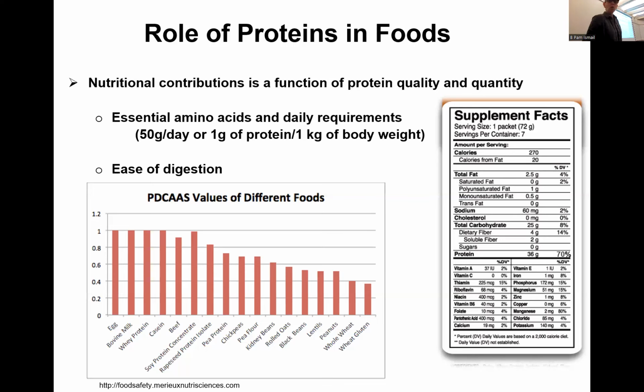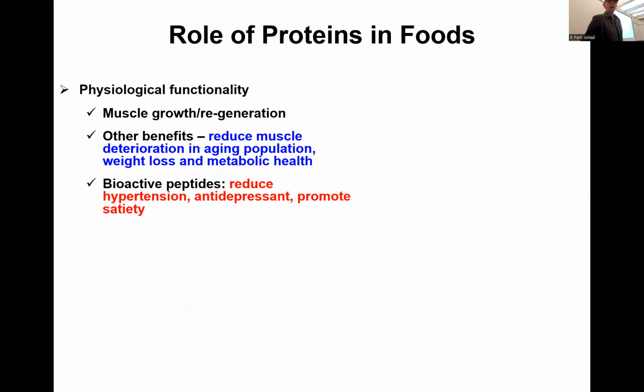Okay, so proteins have physiological benefits other than just providing those amino acid nutrients. Muscle growth and regeneration: leucine, isoleucine, the branched chain amino acids are the best amino acids for growing muscles or preventing the degeneration of muscle.